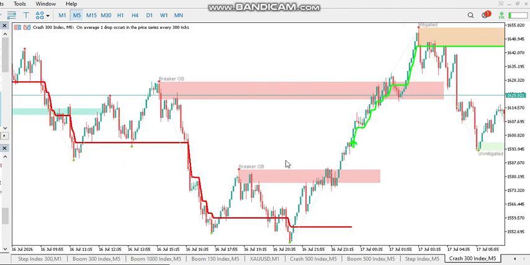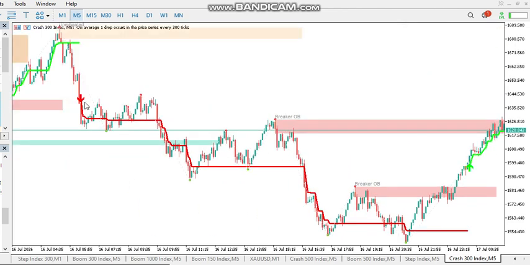So let's check for another one. Yes, we have another one here. We have this arrow that appears for a downtrend. Now the downtrend continues on the move, and what we are waiting for is our mitigated or breaker to be on the high level, because this is a downtrend.